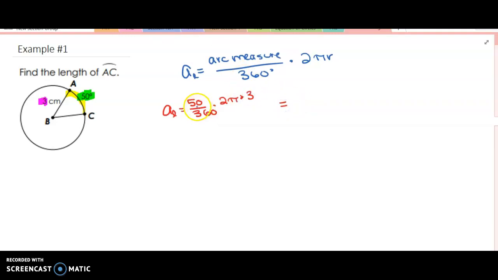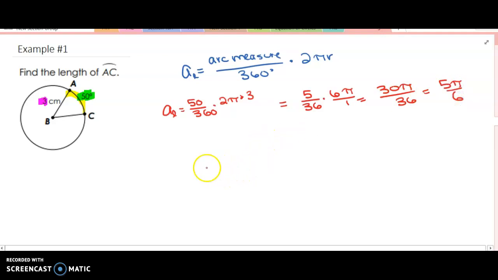Okay, so if I clean this up, 50 over 360 is 5 over 36 times 6 pi. 5 times, if you want to think of this as over 1, you can. So 5 times 6 is 30 pi over 36, which is 5 pi over 6.